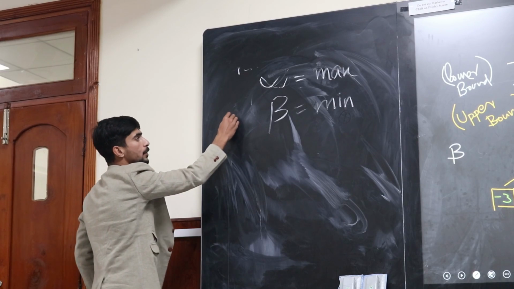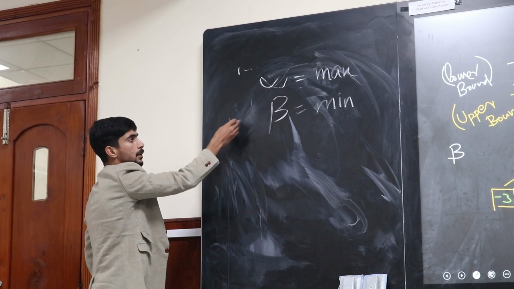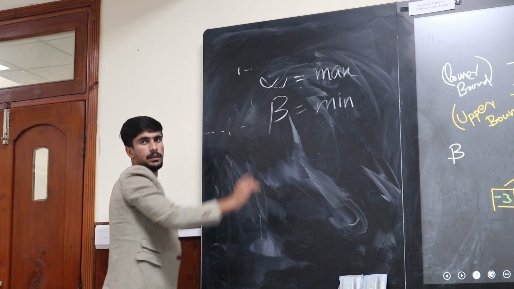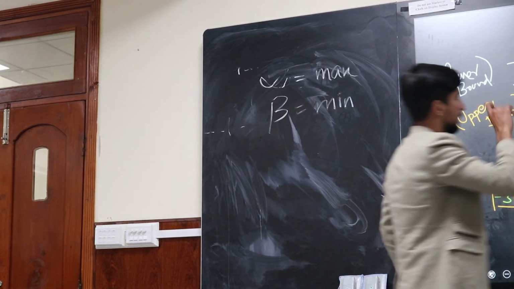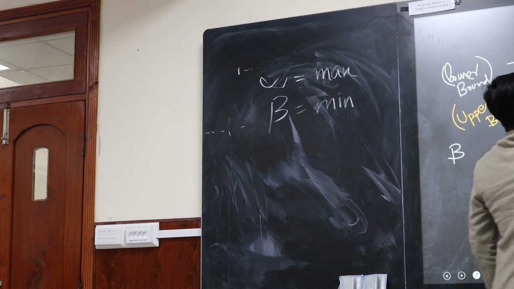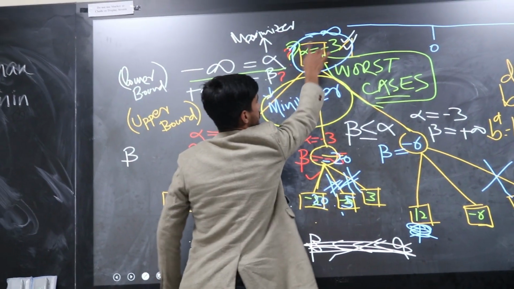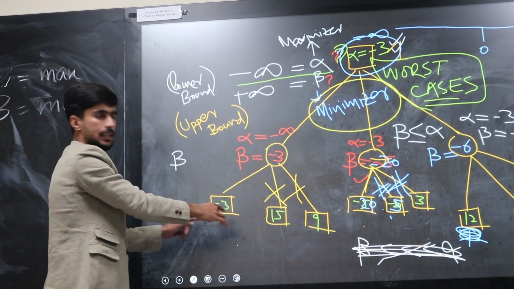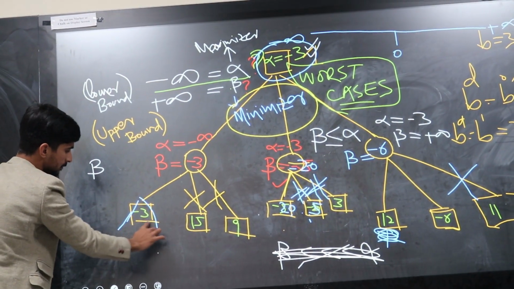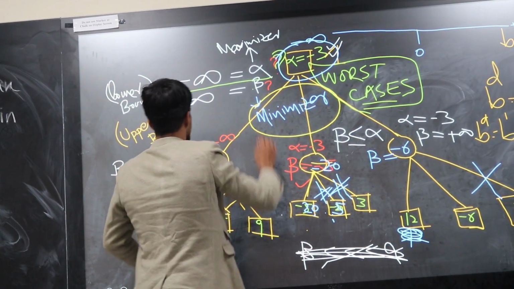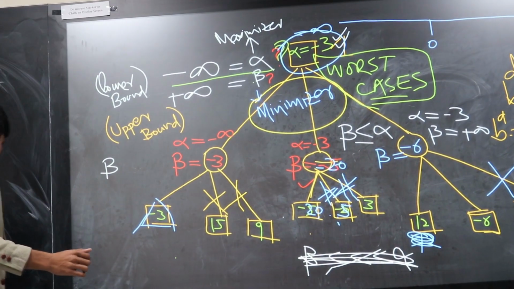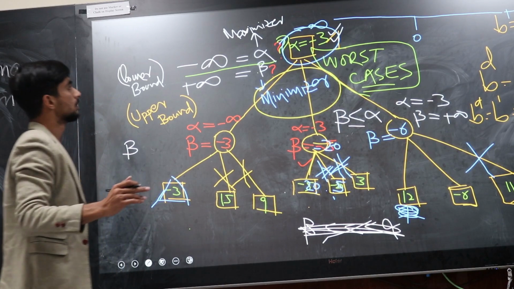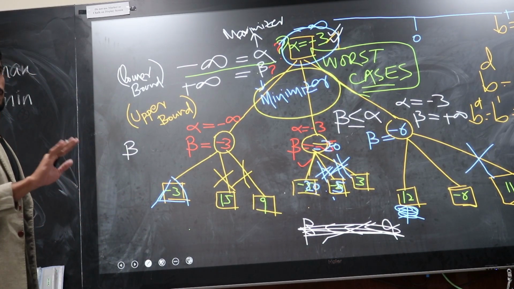Suppose beta's value is 1, so beta will accept lesser values than 1, not greater. Now the same case here. We are checking for alpha. This is the maximizer, this is the minimizer beta, and this is a terminal. Beta can go below minus 1, so how will minus 3 work there? That example there.